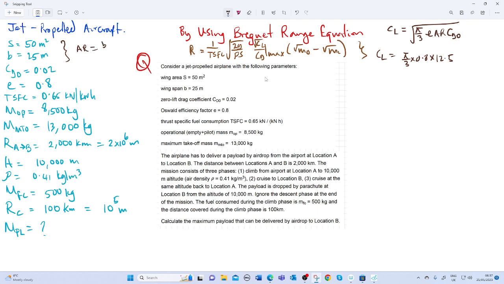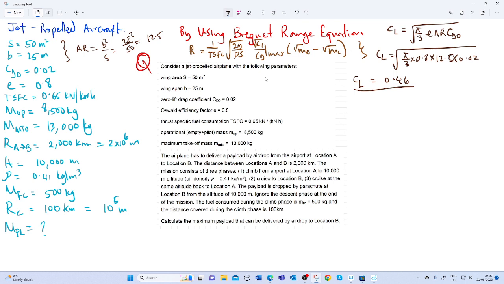AR becomes b square over S, that's 25 square over 50. This is 12.5. Multiply by 0.02, all into root. So our CL becomes 0.46.